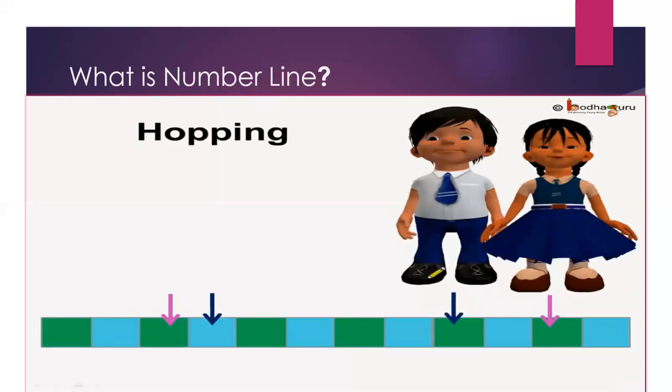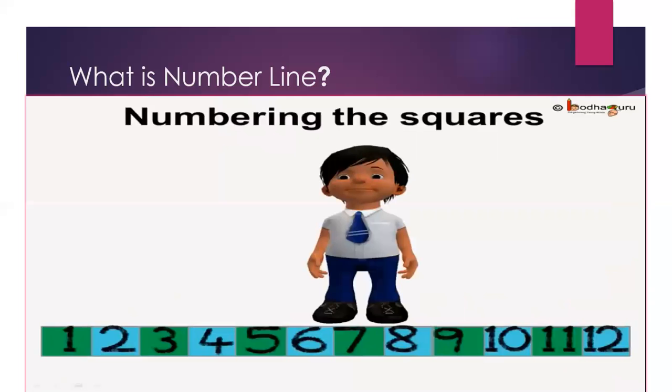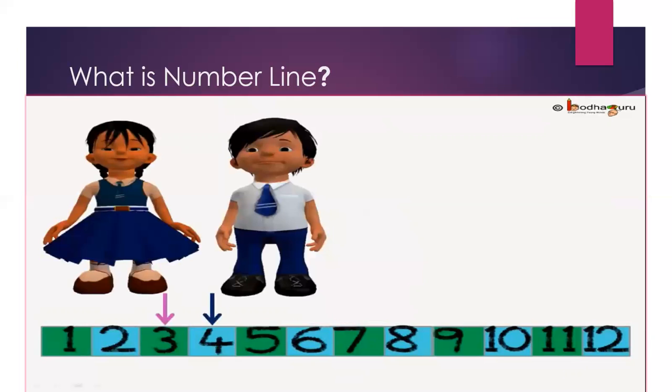So, Aman came up with an idea. What did he do? He started putting numbers on all the squares. Look, he put the numbers 1, 2, 3, 4, 5, 6, 7, 8, 9, 10, 11, 12 on the squares. So, it became easy to count the number of squares hopped.